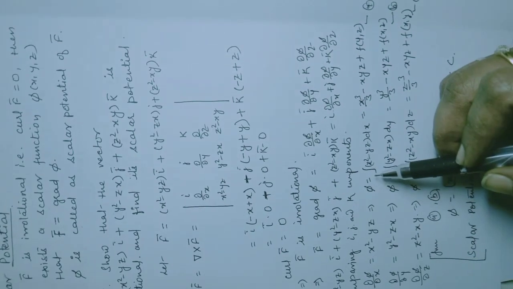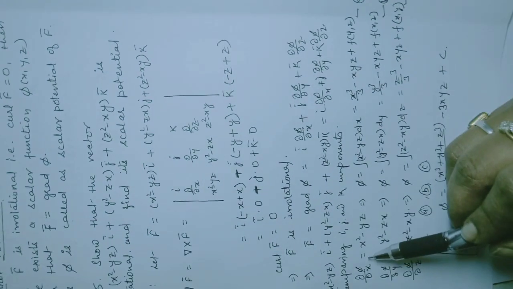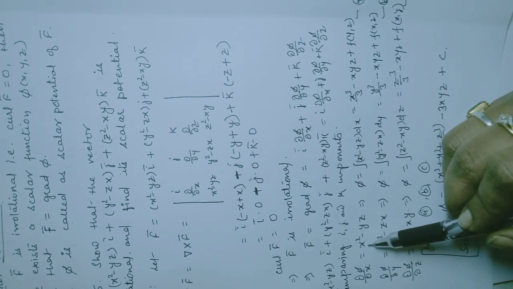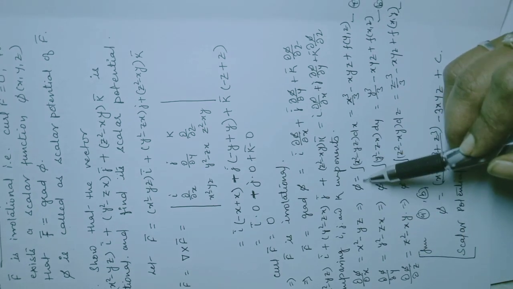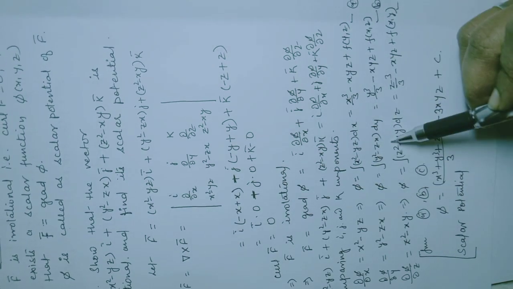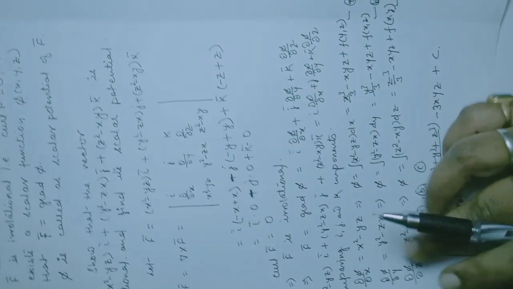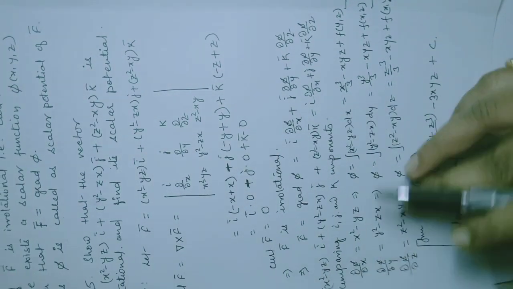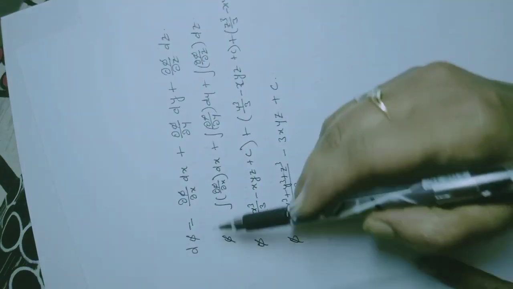So see, I'll explain one more way in which you can find the scalar potential. As you got the values of del phi by del x as x square minus yz, and the integral of this gives you this. Now as you know, these are your values of del phi by del x, del phi by del y, del phi by del z.